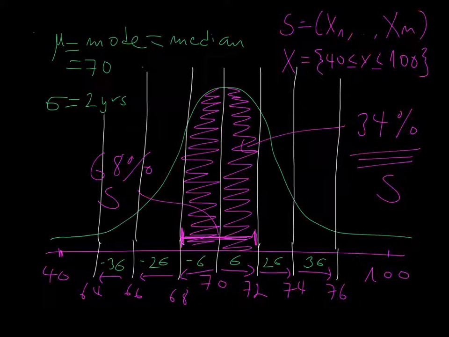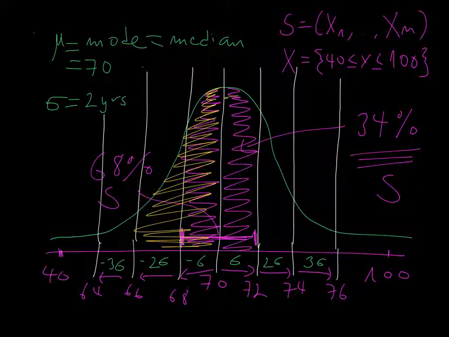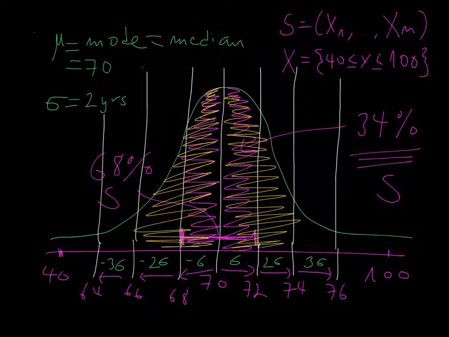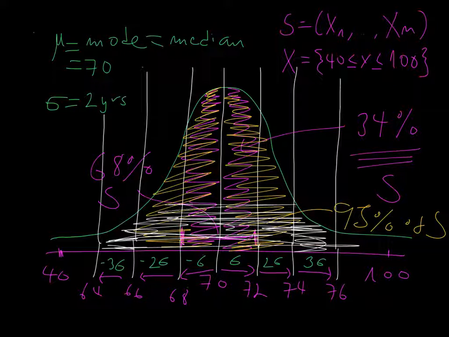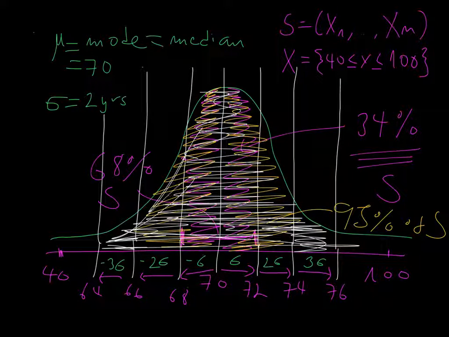The empirical rule also says 2 full standard deviations in both directions will yield 95% of S, while 3 full standard deviations will yield 99.7%, which is almost the entire set.